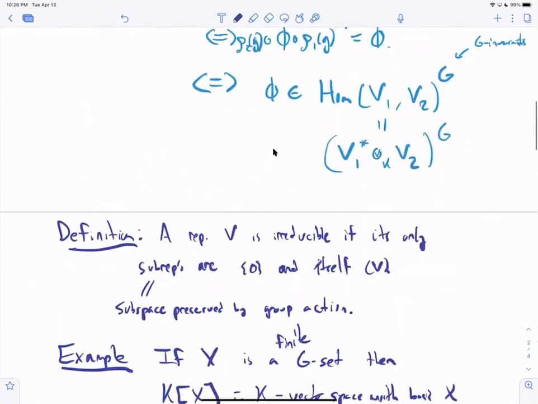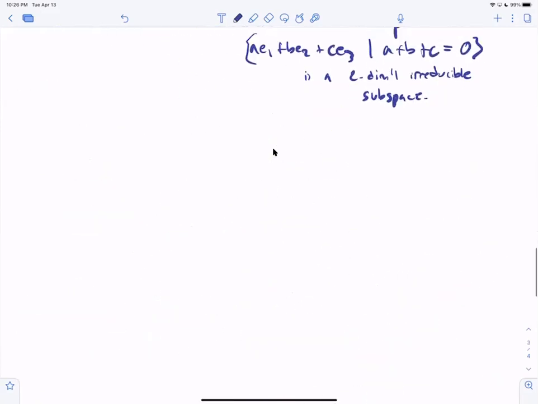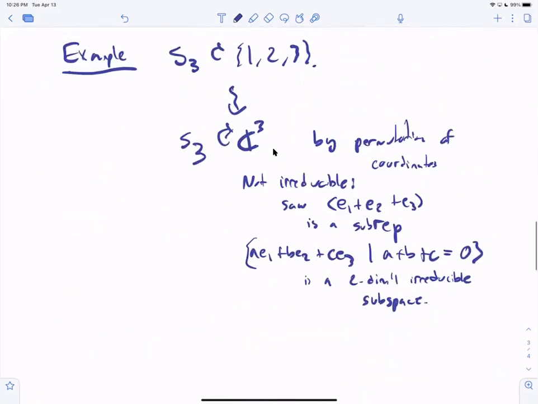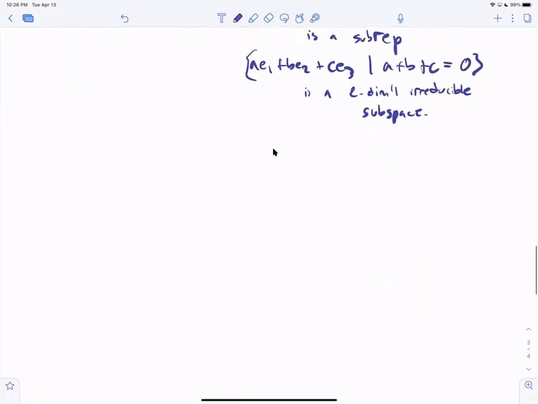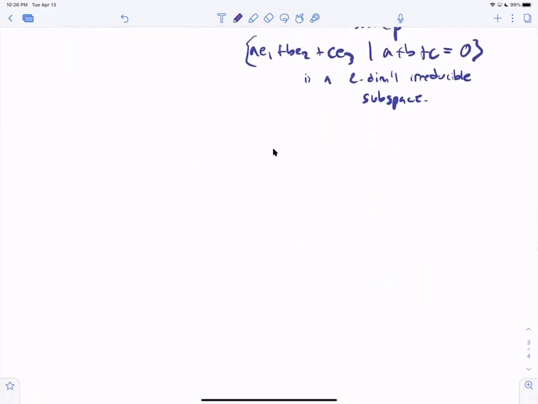So let me get to the big classification theorem. This is the thing that makes everything work.